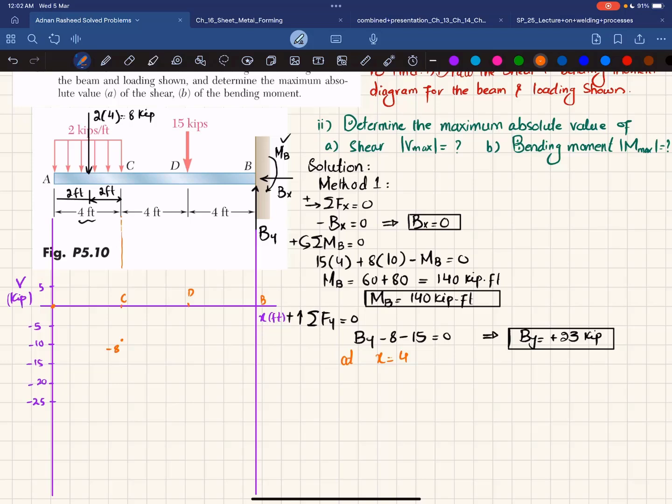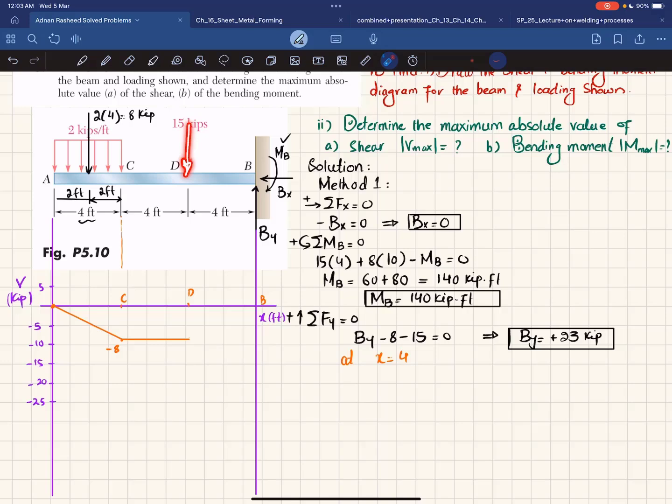Okay. Now you can see that the distributed load is a horizontal line with 0 degree, and that is downward negative. So shear force will be 1 degree higher. It will be a straight line, but slope will be decreasing. So it will be like this. Now moving from C to D, there is no load, so this shear force will remain same till point D. But at point D, you can see you have minus 15 load.